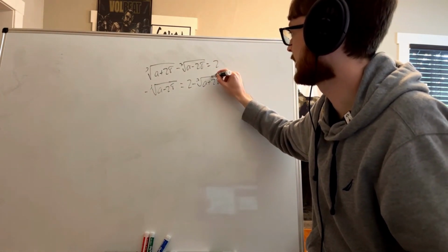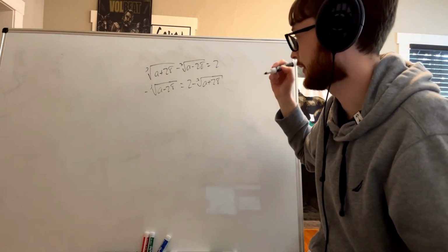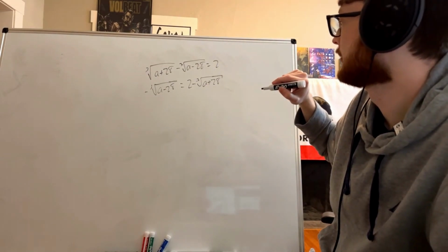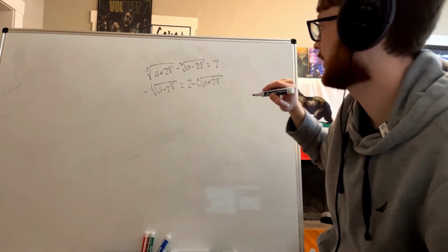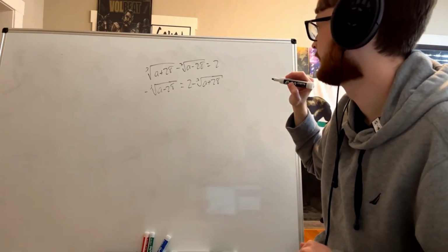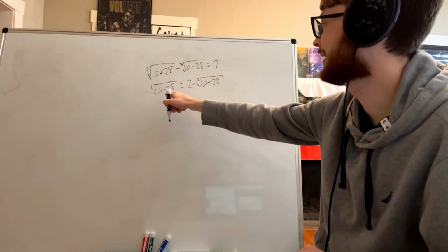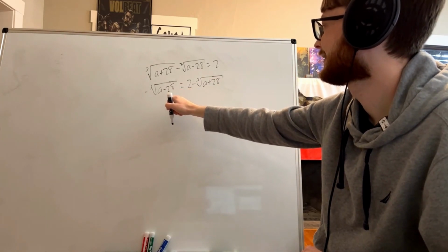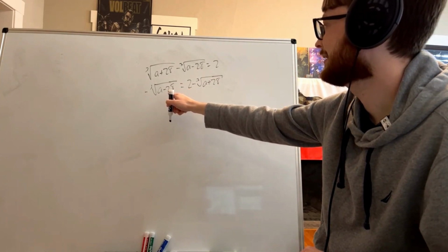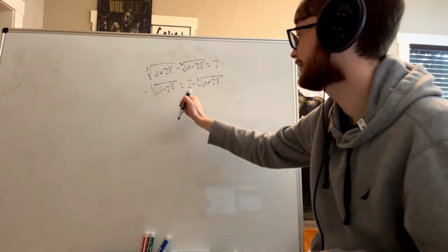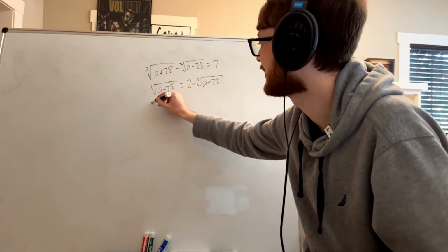And then we cube each side, I would think. Yeah, you can maybe do some funky thing with multiplying by like 8 minus 28 to the 2/3, but that seems like it's making it harder rather than easier.